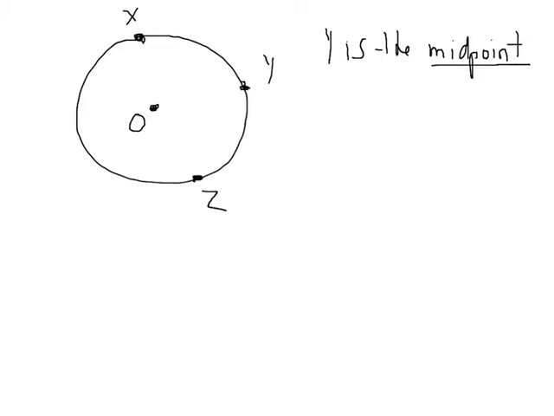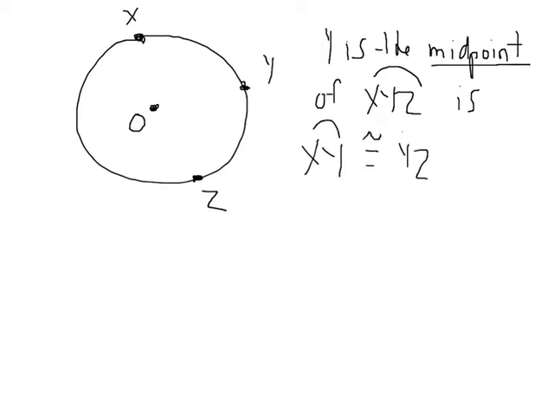Point Y is the midpoint of arc X, Y, Z if arc X, Y is congruent to arc Y, Z. Which makes sense. That follows from our definition of the midpoint of a segment. If the point's the midpoint of a segment, then the 2 segments formed are going to be congruent. So if point Y is the midpoint of arc X, Y, Z, that means the 2 arcs, X, Y, and Y, Z, are going to be congruent.